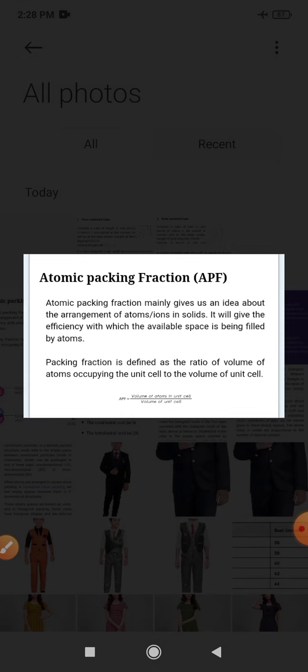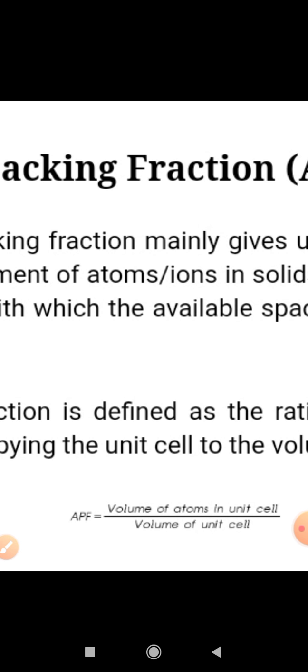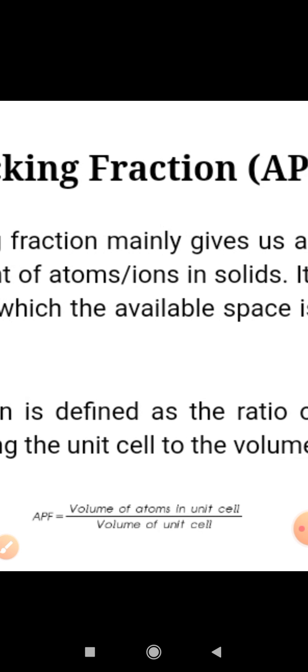Now let us see atomic packing fraction. Actually in the syllabus its heading is given as packing fraction, that is PF. Packing fraction is defined as the ratio of the volume of atoms occupying the unit cell to the volume of the unit cell. You can see APF, that means PF, packing fraction, equals the volume of atoms in the unit cell divided by the volume of the unit cell.